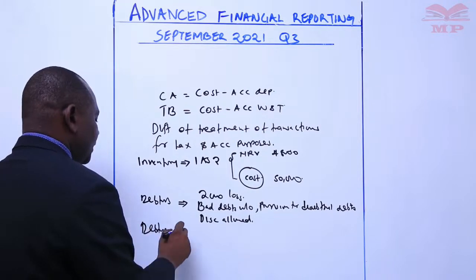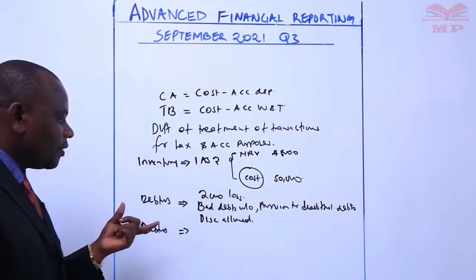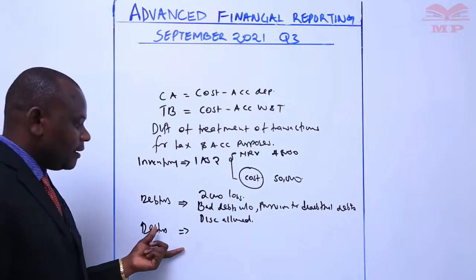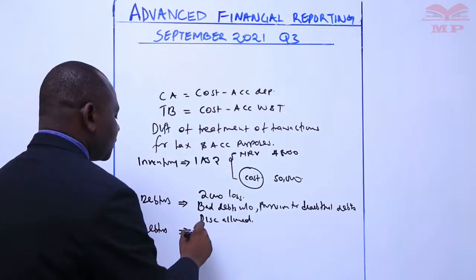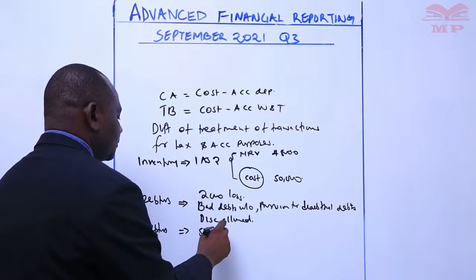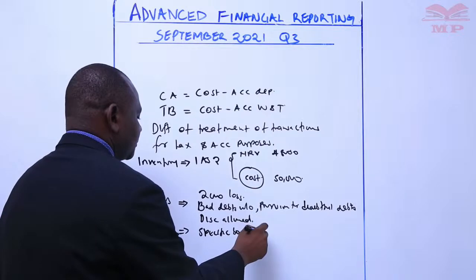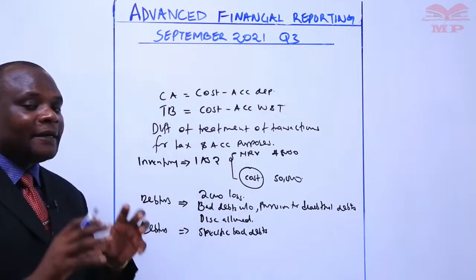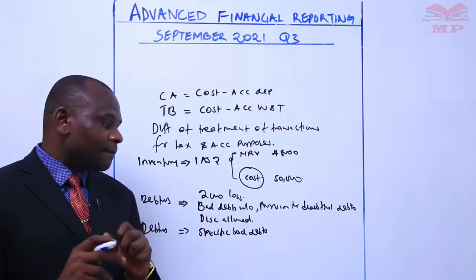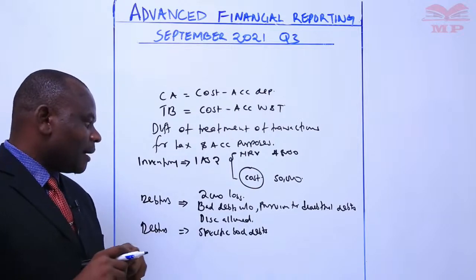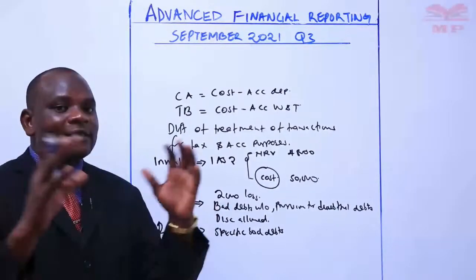The taxman says that when accounting for debtors, he's only going to consider specific bad debts, meaning bad debts that can be traced to a specific customer. But the accountant talks of bad debts, meaning general.